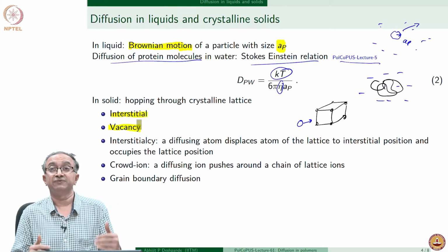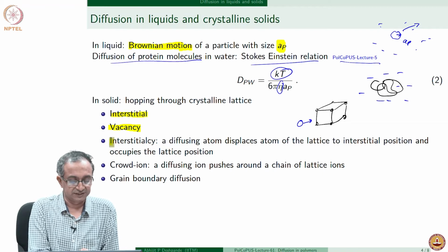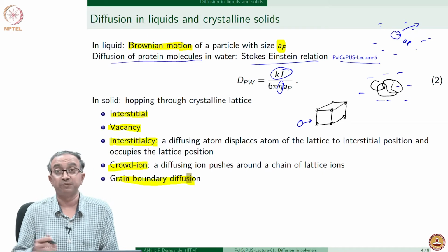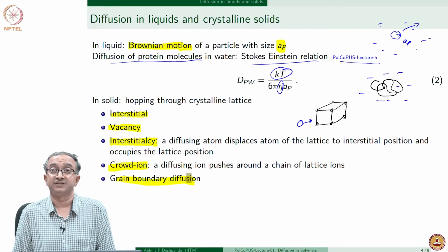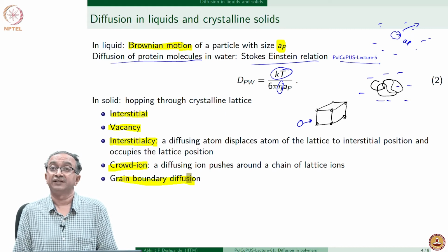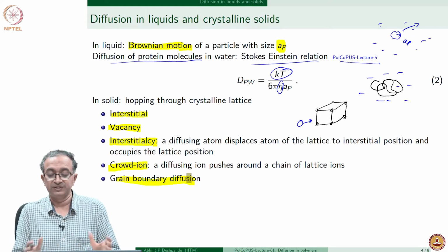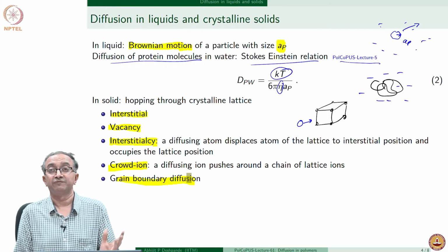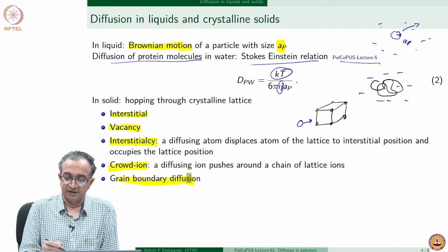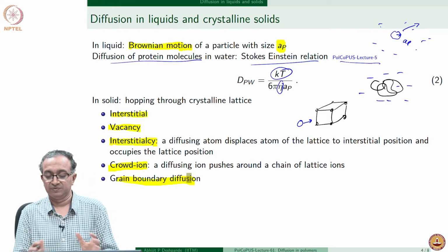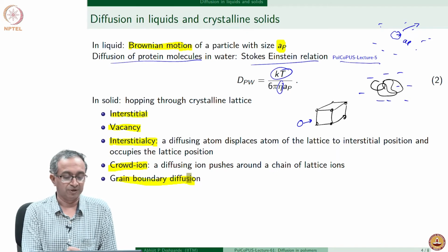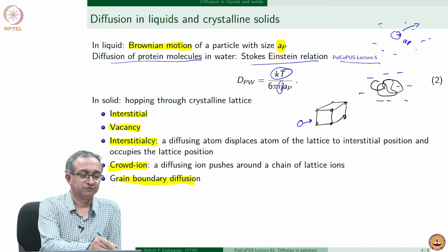So, there are different mechanisms such as interstitial or vacancy mechanisms, or when there are multiple grains, a polycrystalline material as we discussed, then there will be grain boundaries which are quite significant and there can be diffusion there. These different mechanisms lead to diffusion of a small molecule in a crystalline lattice. If you look at this description, what we basically have is a certain number of such spots which are available.